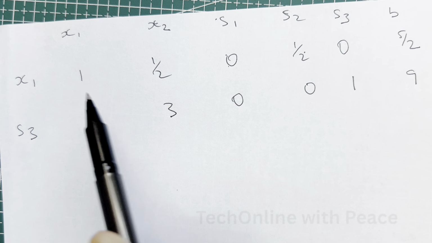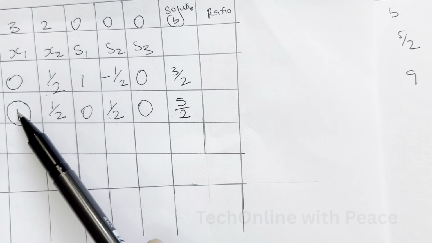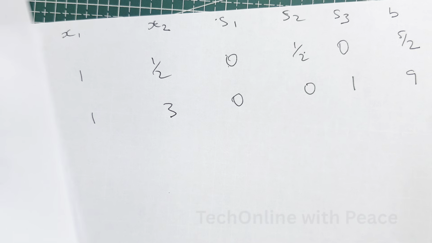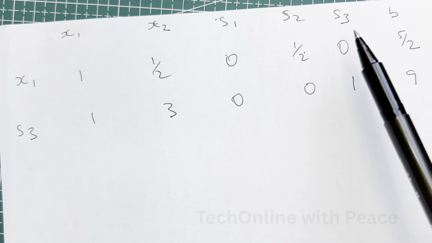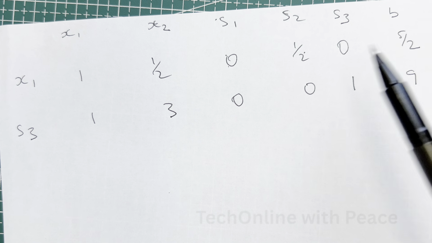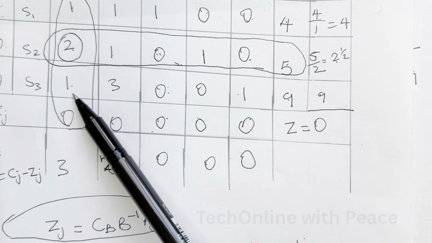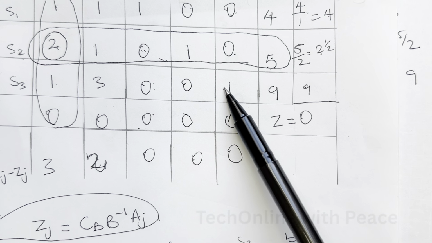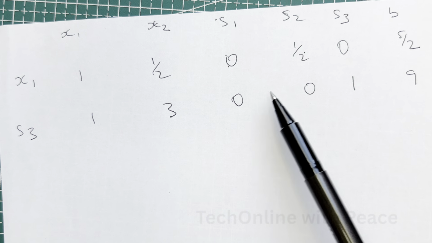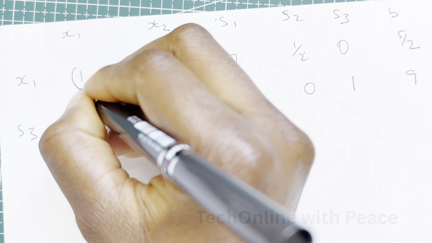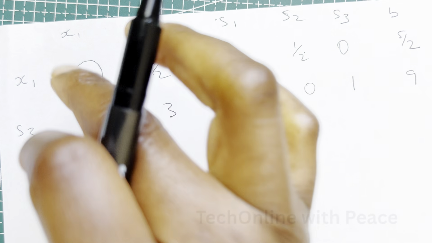For our key row here, remember we have 1 half, 0, half, 0, 5 over 2. And for x3 from our old table we have 1 3 0 0 1 9.